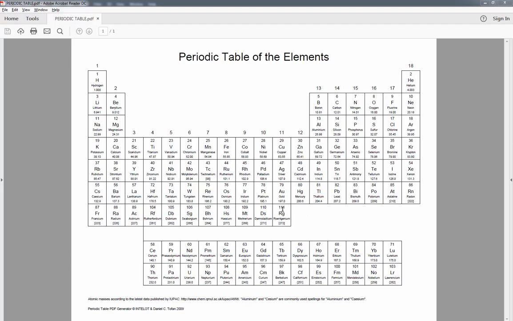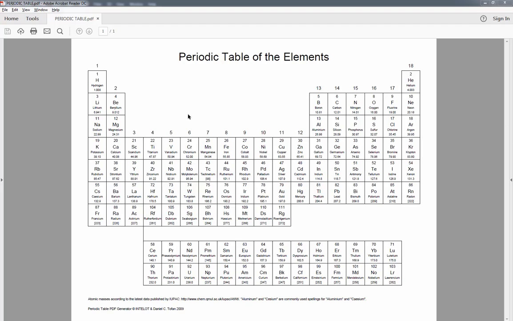But the truth is that everything above about 93, as you see those numbers in brackets, indicate that these are not stable elements. They only exist for a fraction of a second usually, and then they decompose. So even though we can say, yes, there are more elements that we could put on this periodic table, they're not anything that you're going to be working with in this class.